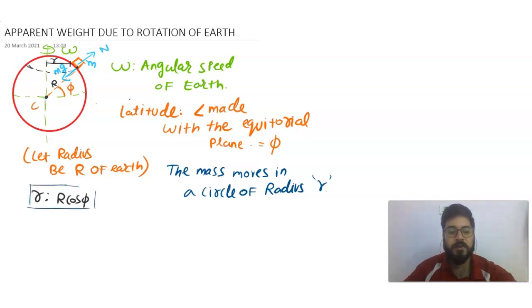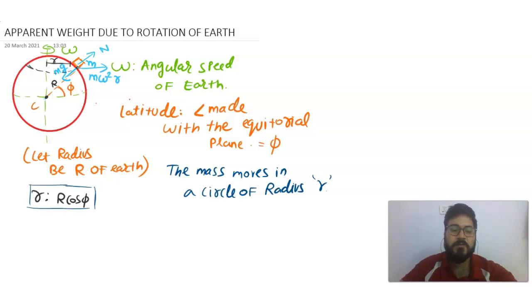From the figure you can see that R should be equal to r cos of phi. So due to this rotation, due to this moving in a circular path, what will happen? There will be an extra force acting. What will be that? The centrifugal force, right? How much is the centrifugal force? M omega square R. We can say centrifugal force is m omega square R.